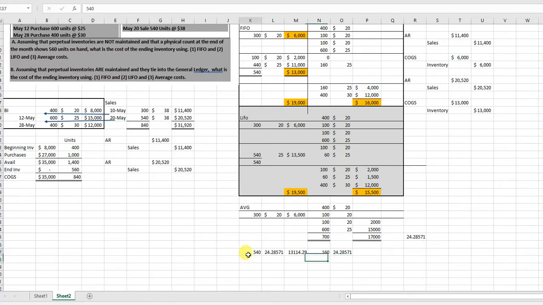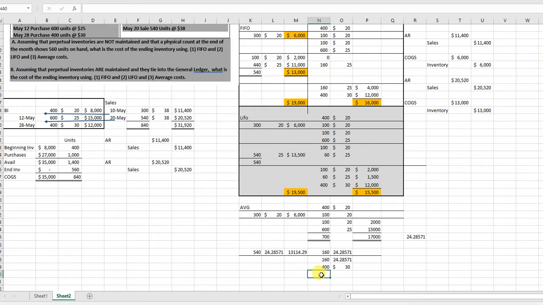Now the next thing that I did is I purchased some. So now I have 160 at $24.28, and I purchased another 400. If I can get my computer to work. And I purchased them at $30.